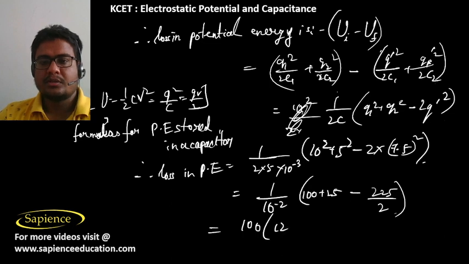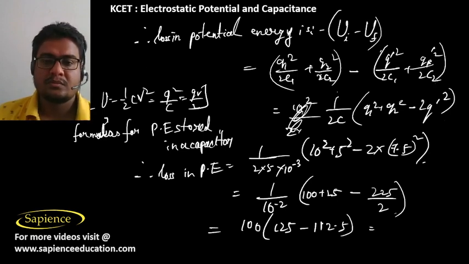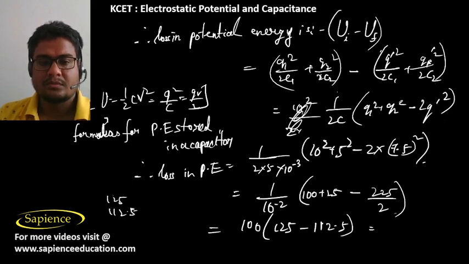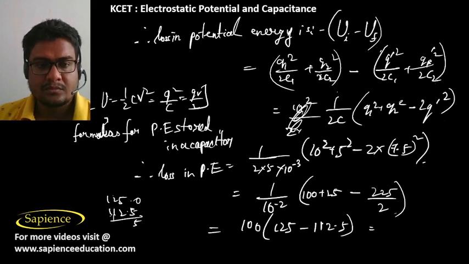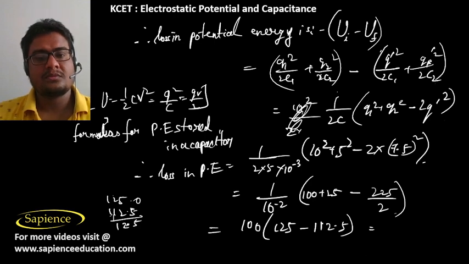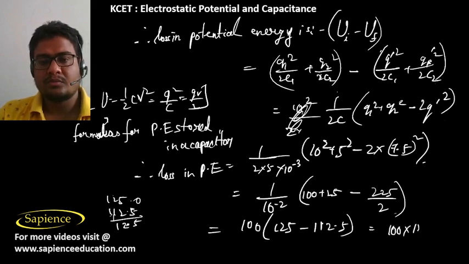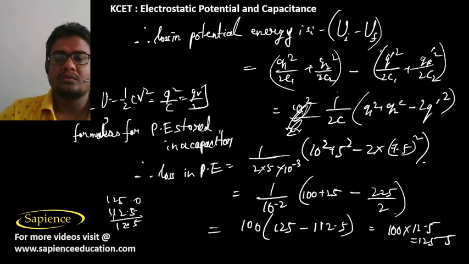This will be 100 into 125 minus... 10. This will be equal to 125, 112.5, 100 into 12.5, which is equal to 125 joule.